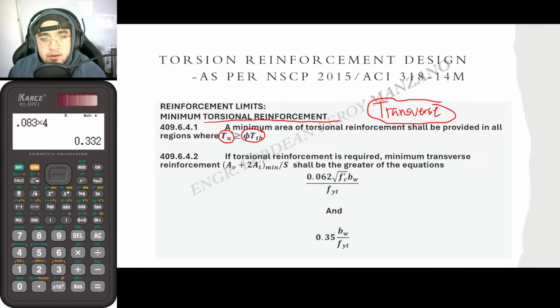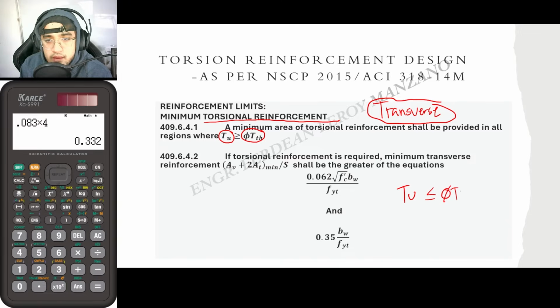Okay? So how can we solve for the transverse reinforcement for torsion rebars? Once again, our main concept is that TU must be less than or equal to phi Tn, or we could just equate them, TU is equal to phi Tn. So you are already given the value of TU and you already know the value of phi.